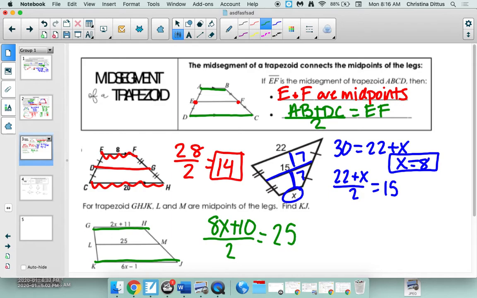Or like I said up here, if you want to double this, and that's what we're going to do next anyway. However you want to set your equation, either one's fine. So when I double that 25, I get 50. Subtract my 10, which gives me what for x?